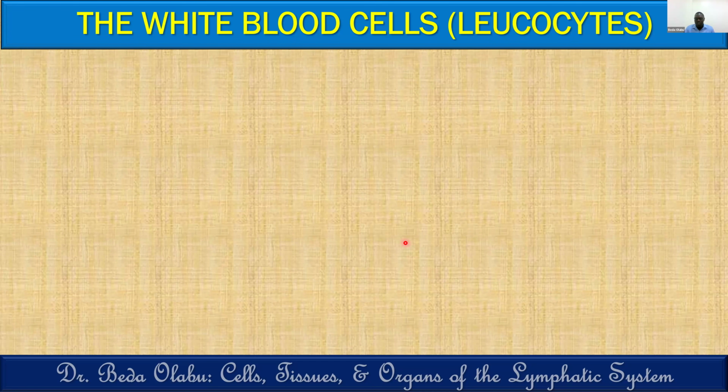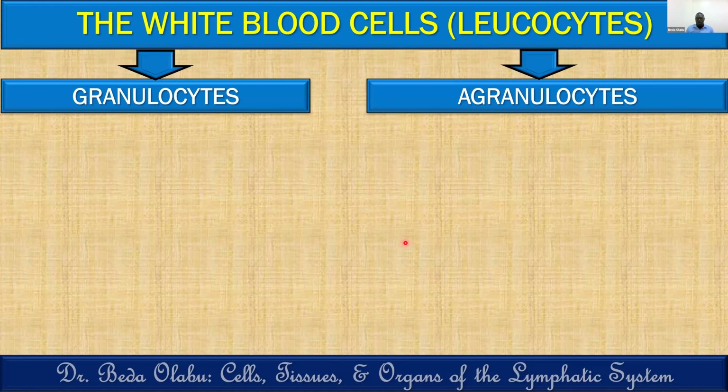Let me just now give you a breakdown of the white blood cells. We divide white blood cells into two categories. We have what we call granulocytes, and we have a category we call the agranulocytes. This distinction is based on the presence of granules within their cytoplasm. The ones which have granules, these granules contain chemicals which are used in defense.